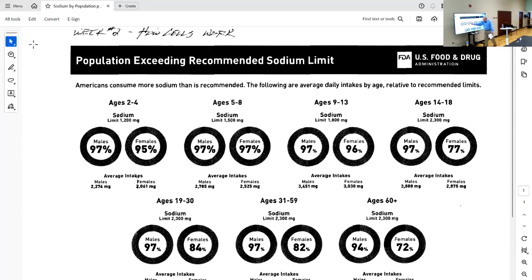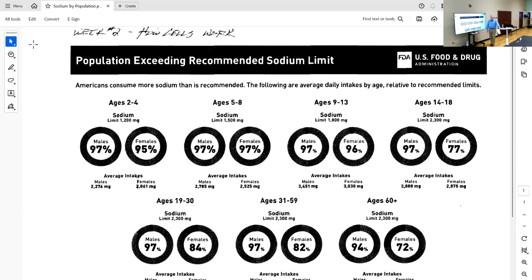Every one of these male counts, every one of them, is over 90% consumption, more than the recommended guidelines. Here are the guidelines for a 2-year-old, 2,274 milligrams, where the recommendation is 1,200.